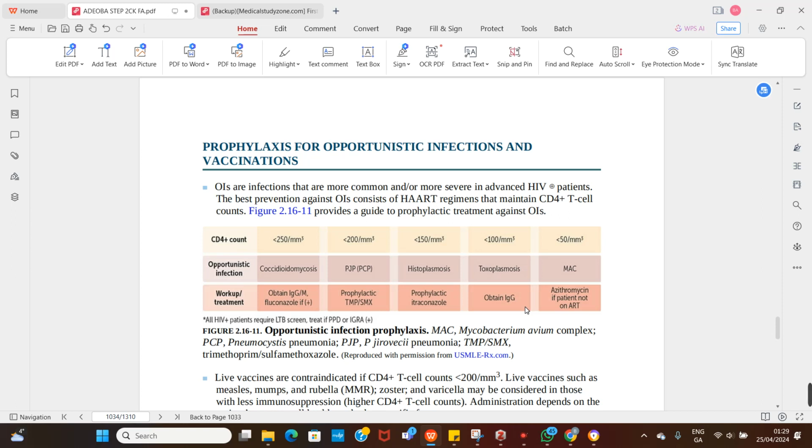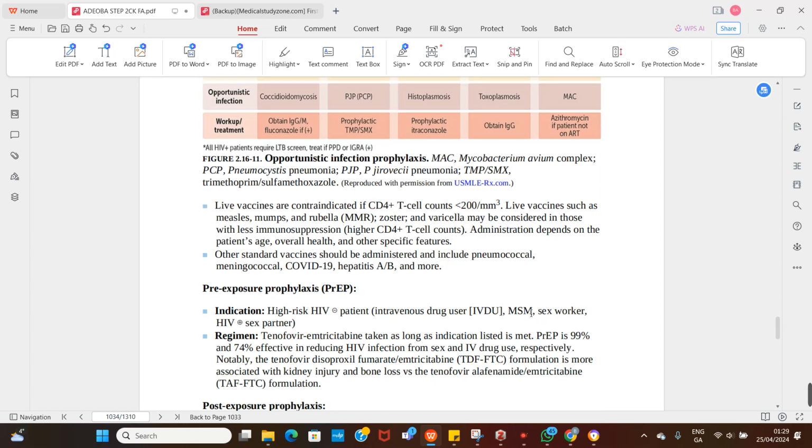So it's different from the treatment drug, which is sulfadiazine and pyrimethamine. Then for Mycobacterium avium, it's less than 50, so you give them azithromycin if they are not on HAART. Please don't ever fall victim and pick CMV or varicella or anything. These are the opportunistic infections that you give prophylaxis against in HIV.